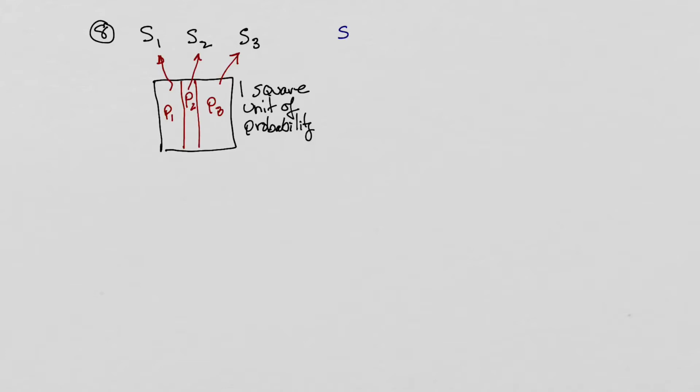Here's our S, and here's our P of S, and our S's are S1, S2, and S3, and our probabilities will come from problems A, B, C, and D. So let's fill this in. Well, as we fill it in, what do we know has to happen here?